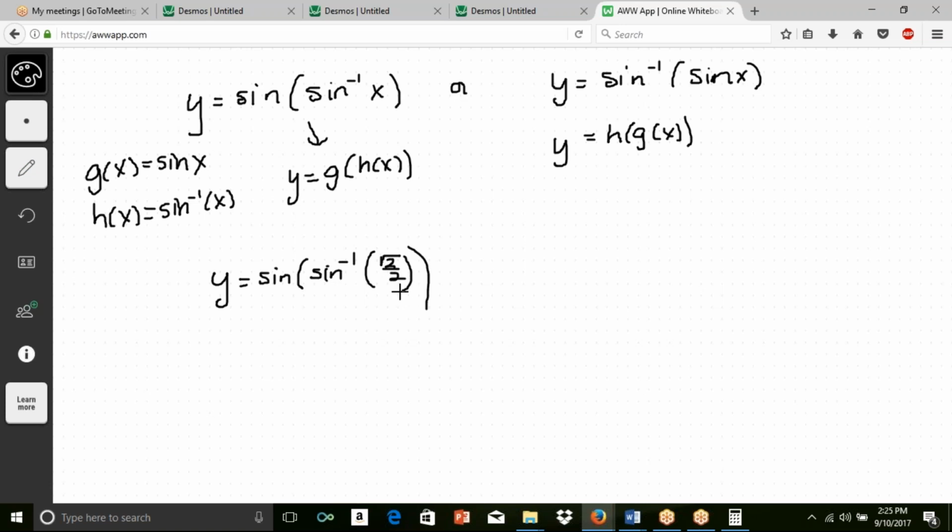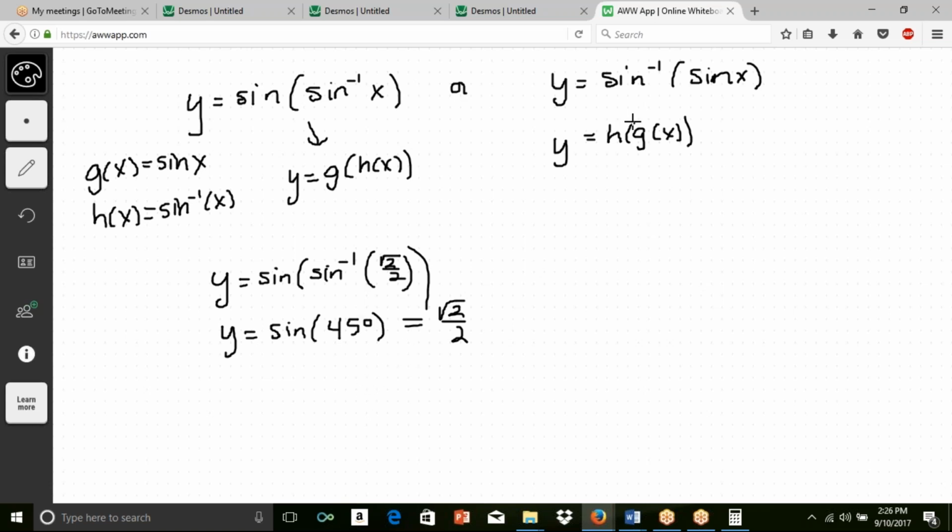So if I'm looking at this, square root of 2 over 2, it's positive, so that's going to be a 45-degree angle. And then y is equal to the sine of a 45-degree angle, and I know sine of a 45-degree angle is just square root of 2 over 2. Now you're thinking, oh boy, this is redundant, or kind of silly. Well, yeah, but sometimes we have other values that aren't so pretty, that we don't know what the actual values are. We'll talk about this in another session.